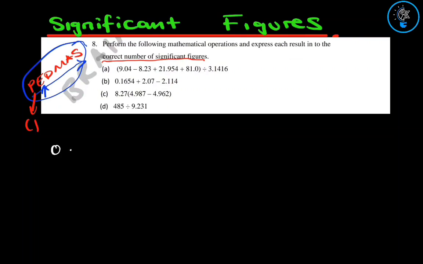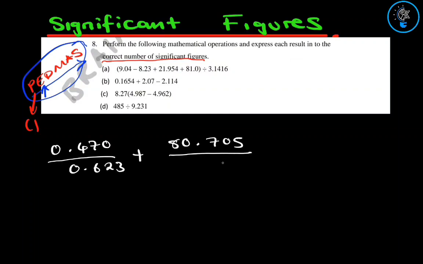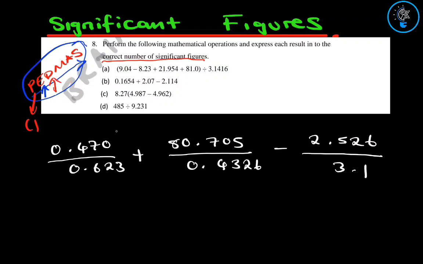Let's say we have this question: 0.470 over 0.623 plus 0.705 over 0.4326 minus 2.526 divided by 3.1. On this one, remember we need to start with division before jumping to addition and subtraction.